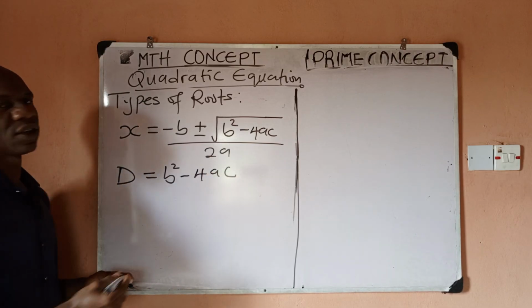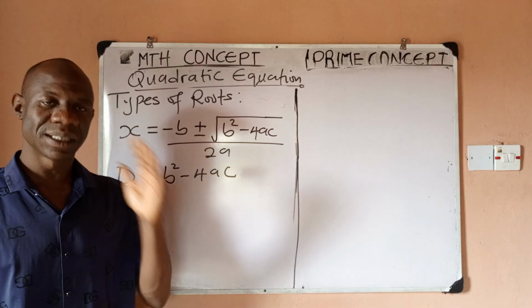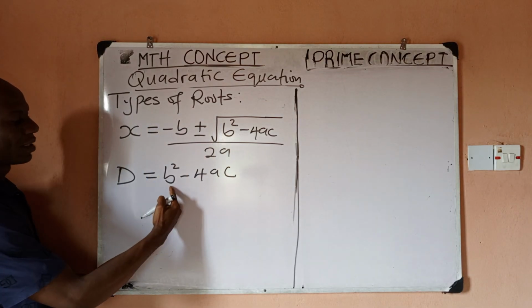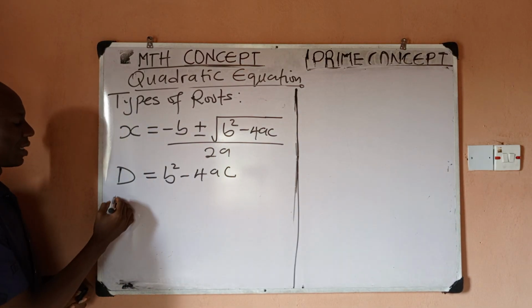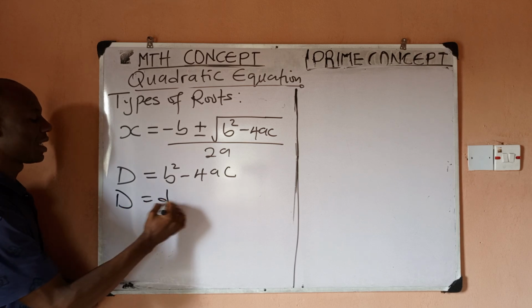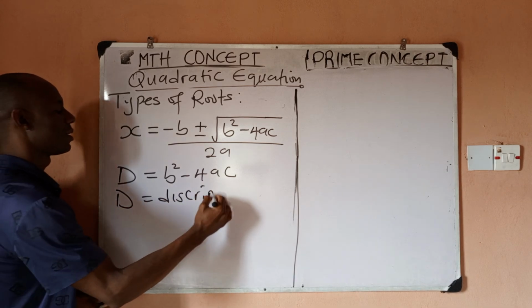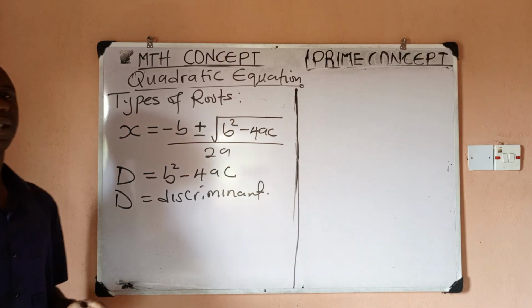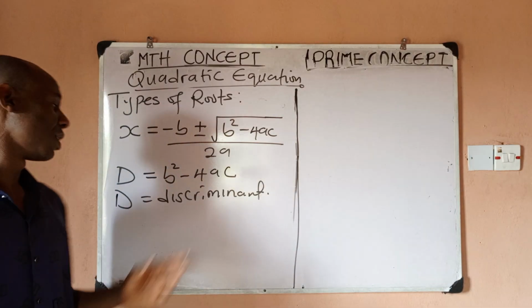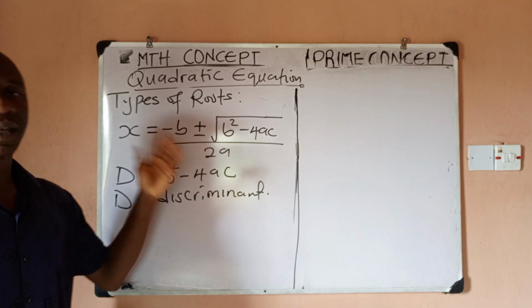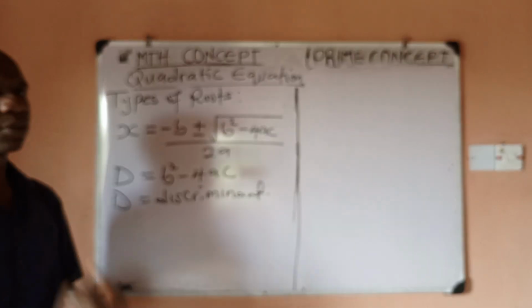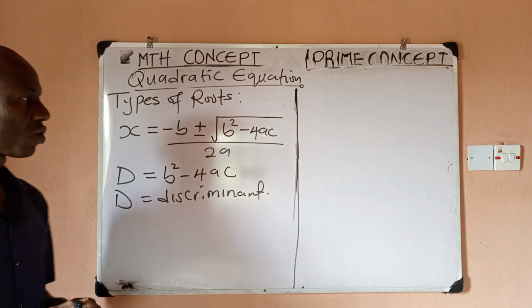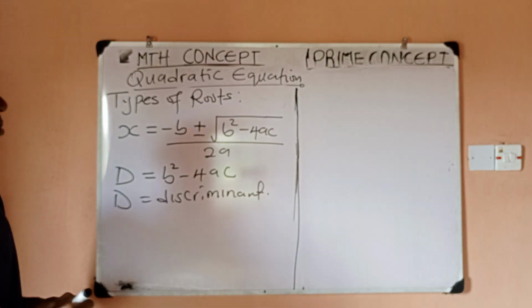This quantity determines the type of root a quadratic equation would have, and b squared minus 4ac is called the discriminant. So if they ask what is the discriminant of a quadratic equation, it is b squared minus 4ac, which is very important to us.